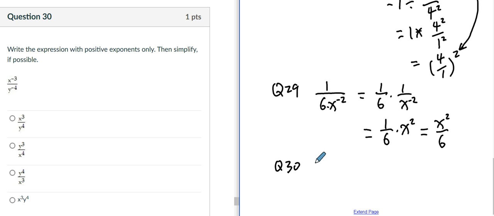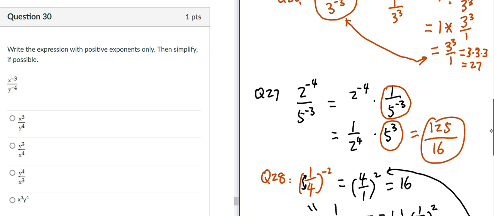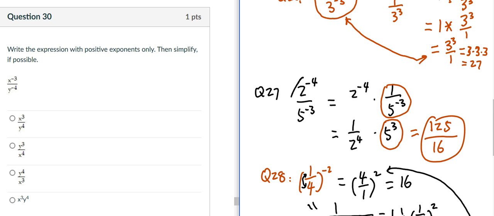Variable stands for any number. So you simply flip x down with a positive exponent, flip y up with a positive exponent. That's it. Again, this is what we did before.